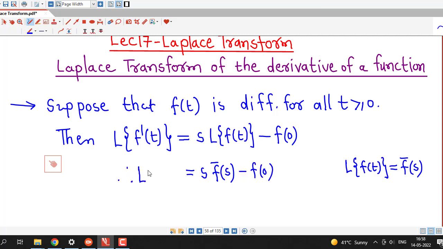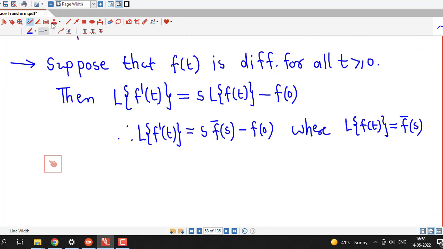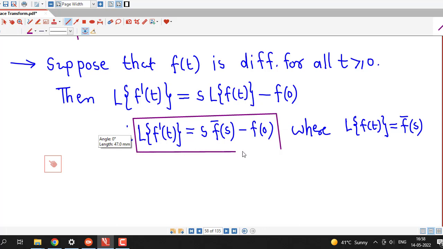So we will remember Laplace transform of derivative of f of t is given by s times f bar s minus f of 0, where f bar s is nothing but Laplace transform of f of t. So we will require this formula whenever we discuss initial value problems, solution of initial value problems using Laplace transform.